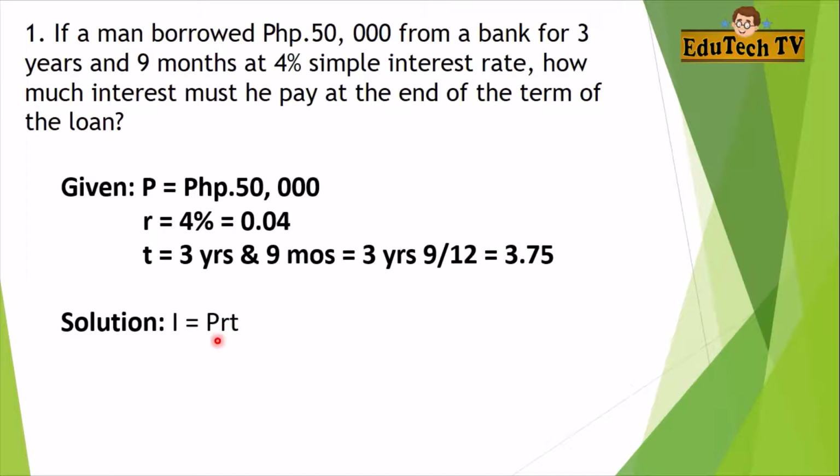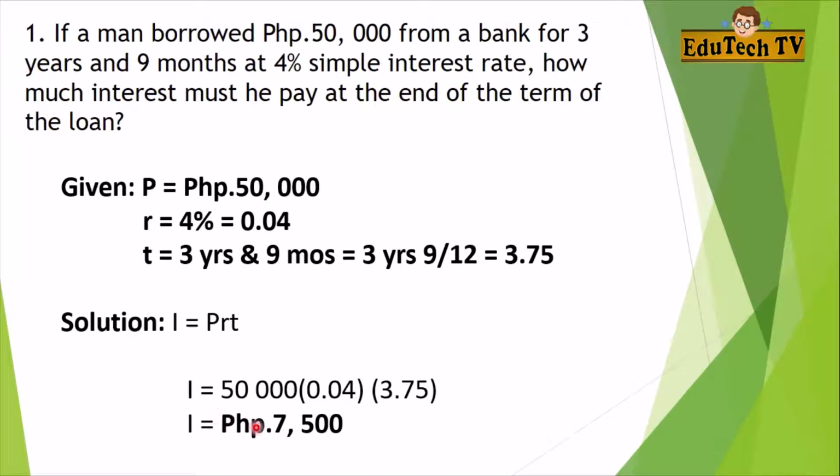It's just a matter of substituting each variable. So we have P, which is 50,000, times the rate expressed in decimal, 0.04, times the time, which is 3.75. Using a calculator, we'll come up with an interest of 7,500 pesos.